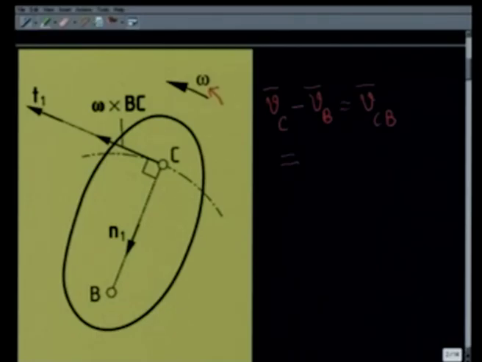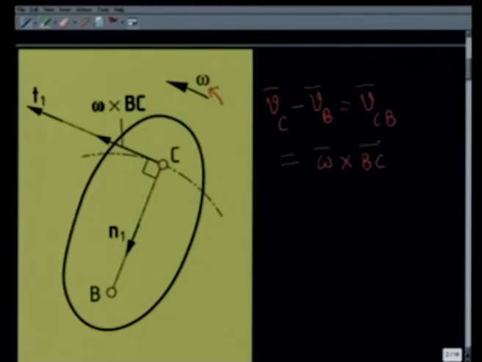That means the point C with respect to B moves in a circle and the angular velocity of the line BC is omega. So, from our basic knowledge of dynamics or kinematics of rigid body, we know that for this circular motion, this difference of velocity is given by omega cross the vector BC.